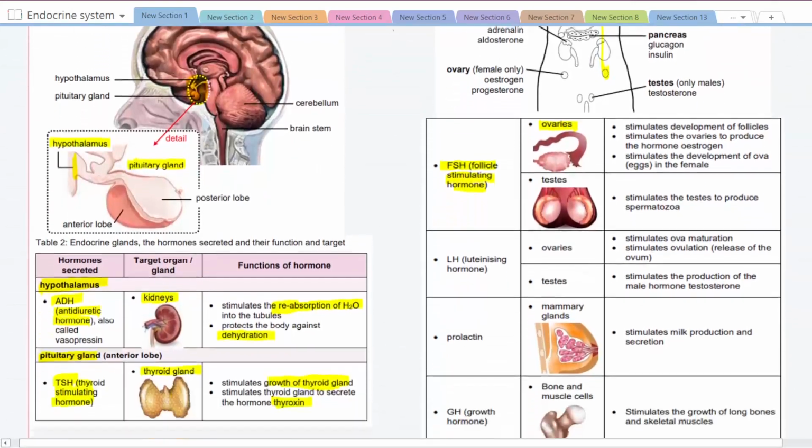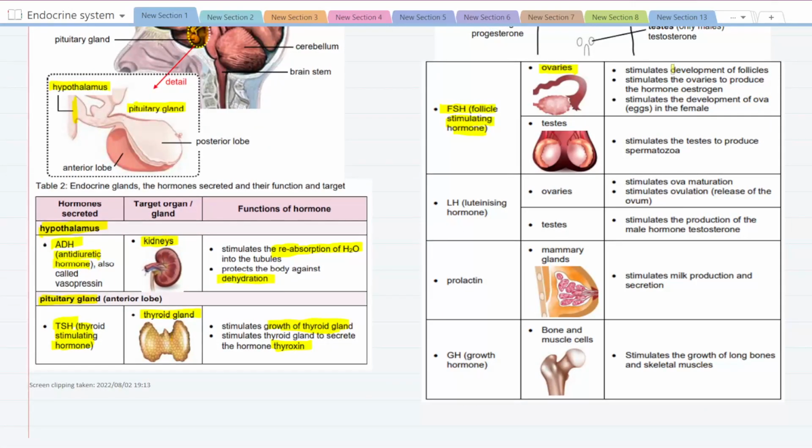That's how it will be transported, and therefore stimulates the development of the follicles, which produces the hormone estrogen, and also stimulates the ova in the female, leading to ovulation there.